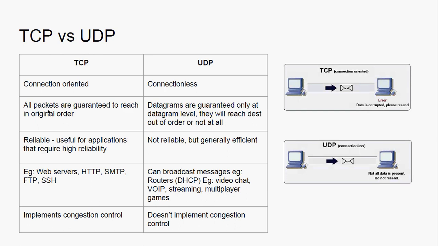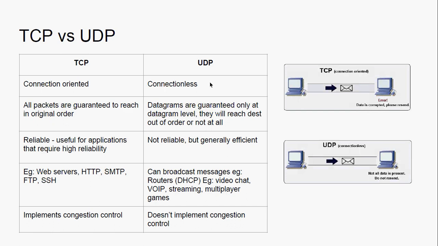TCP establishes a session to send all the packets to the destination in the same original order. It implements congestion control, and it's mainly used for HTTP, FTP, SMTP and SSH, where you need high reliability.